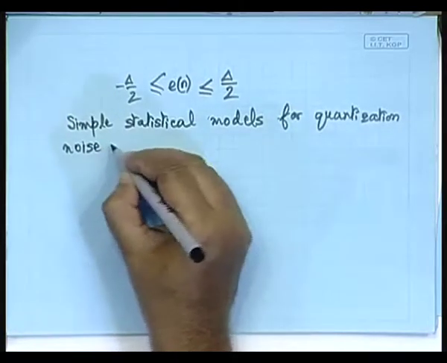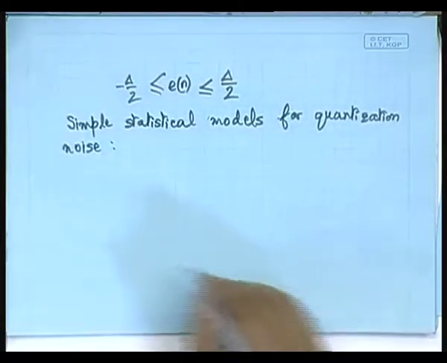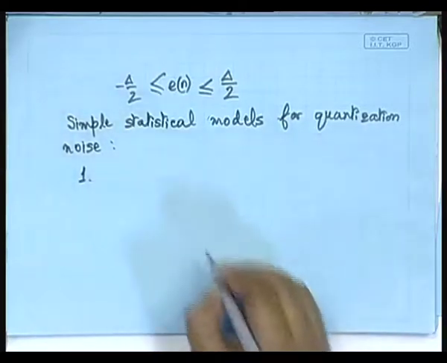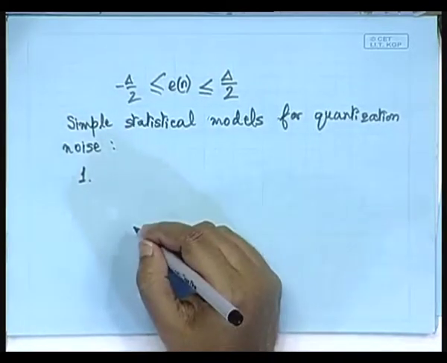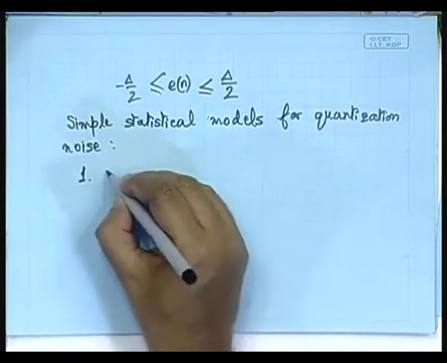And what are these simple statistical models? First of all, we assume that the quantization noise is a stationary white noise process.